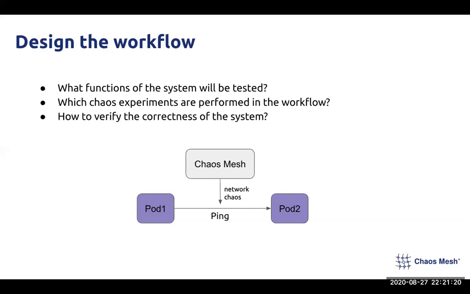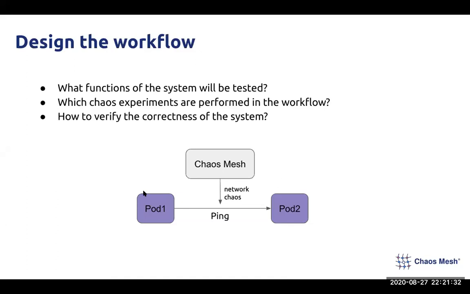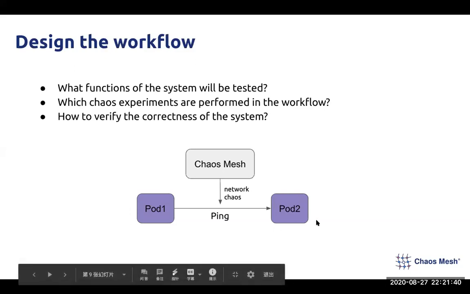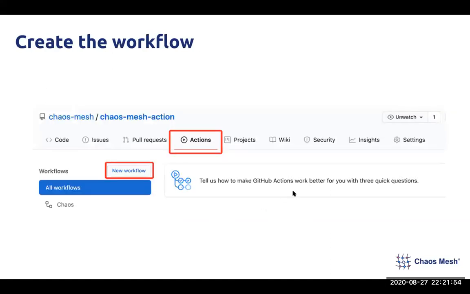And at last, we must consider how to verify the correctness of the system. You can see this diagram. We will create two pods in the Kubernetes cluster, and ping from pod 1 to pod 2, and use Chaosmesh to inject network chaos, and to test whether the ping can work in this situation.